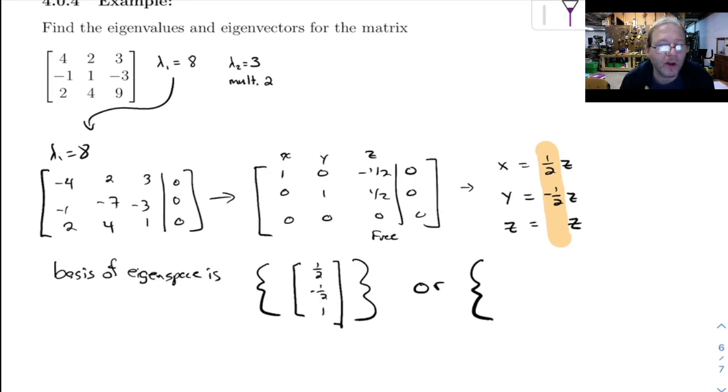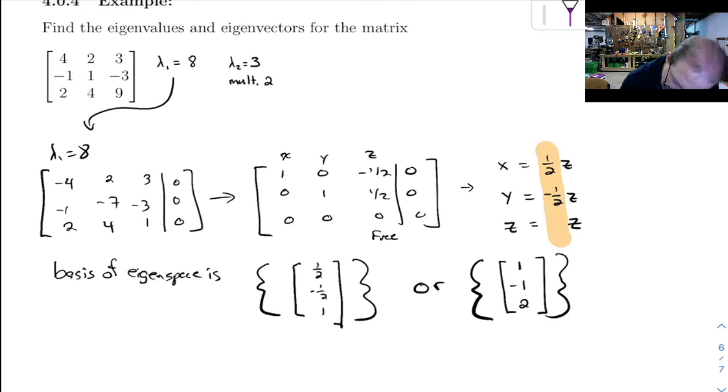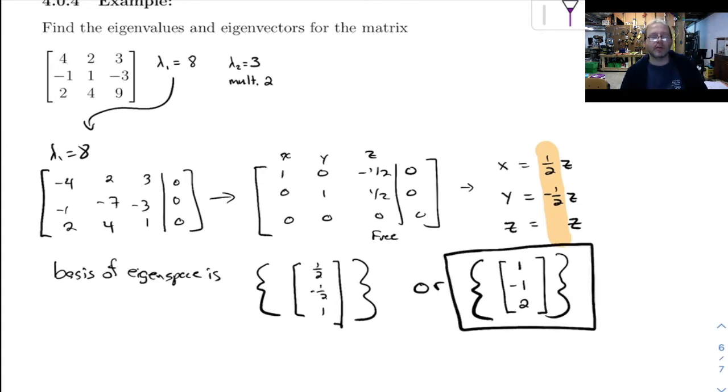So I'm going to multiply all that by 2 to clear out those halves. So this will be 1, -1, 2. Both of those are correct, but I'm circling the one that I think looks nicer. Okay, so that's for the first eigenvalue.